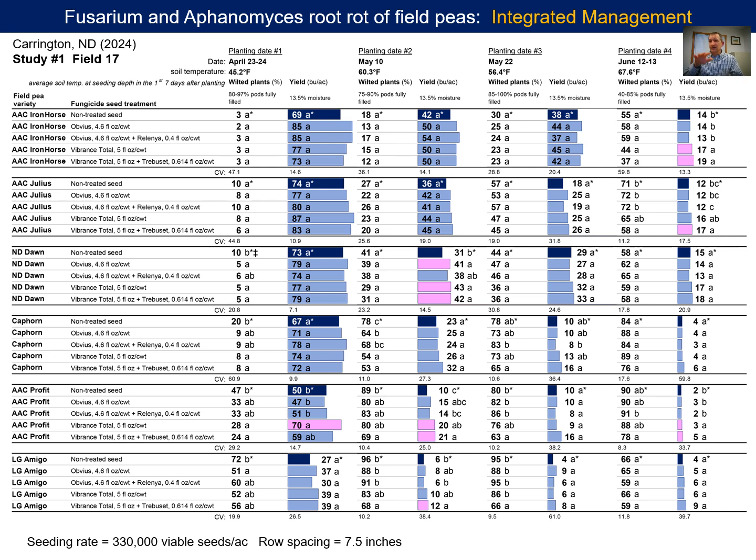And you can see that especially in early planting, we saw a very consistent yield gain to every one of these fungicide seed treatments, irrespective of variety. In the later planting dates, there seemed to be a differential response, where we were seeing a better response out of Vibrance Total than Obvious. But look at those yields.